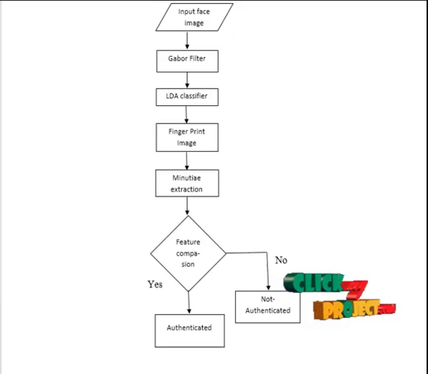The thumb or finger may consist of many edges and ridges. These edges and ridges can be calculated by minutiae extraction. This minutiae extraction will extract the edges and ridges and take them as features.